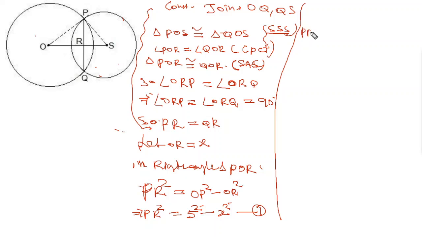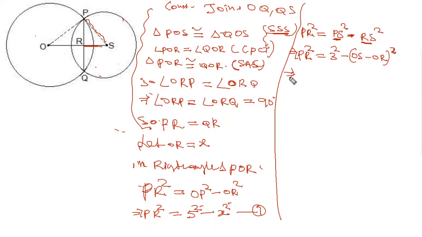Look at the figure, PS is 3, this length is 3 centimeter, so 3 square minus RS square. RS, look at the figure, RS is OS minus OR.